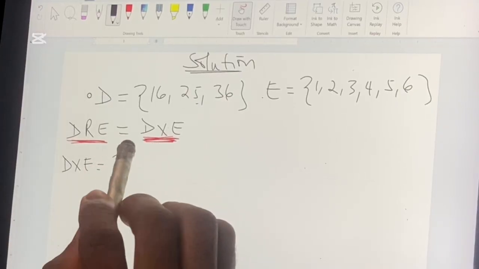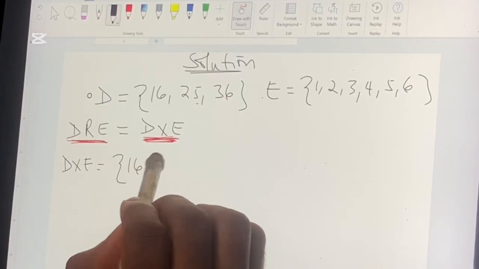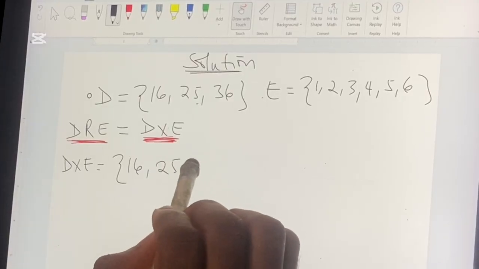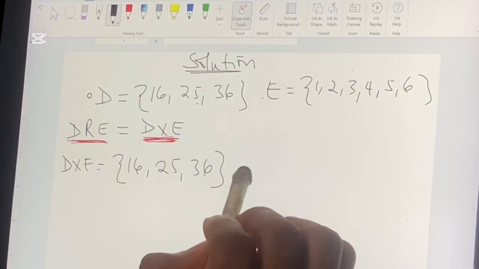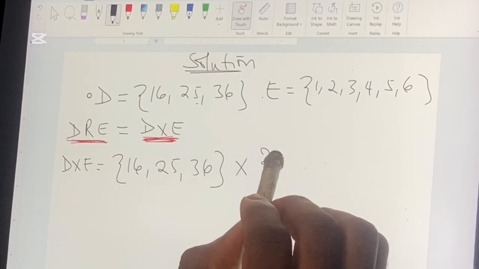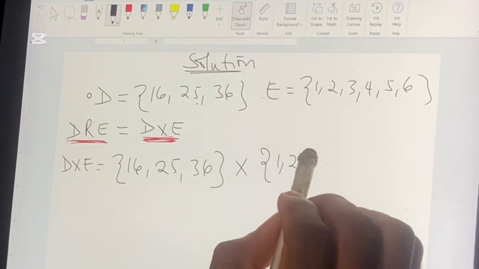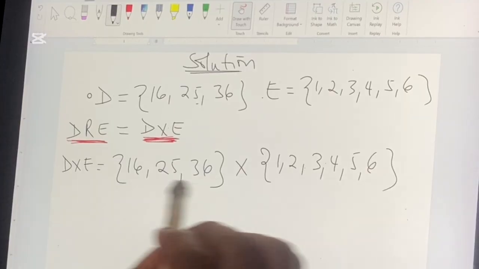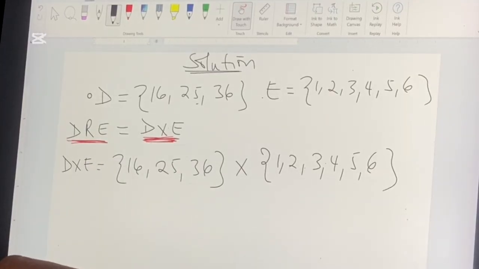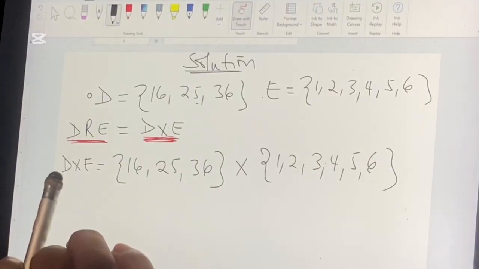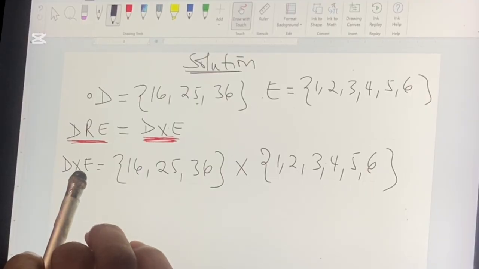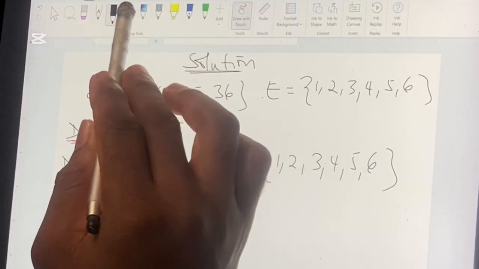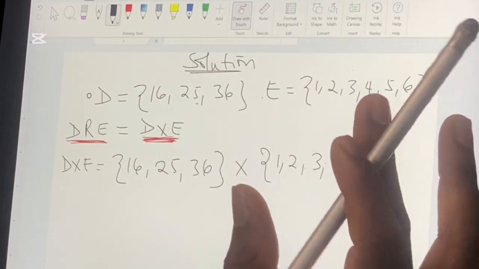The set D is 16, 25, 36, cross the set E, which is 1, 2, 3, 4, 5, 6. To relate both sets, D and E, we relate them in an ordered pair.